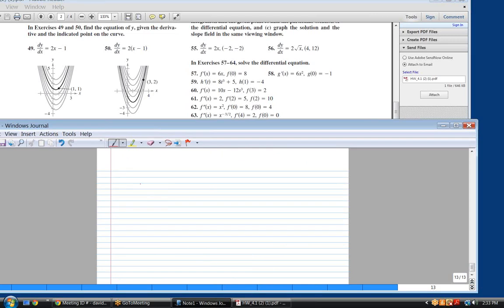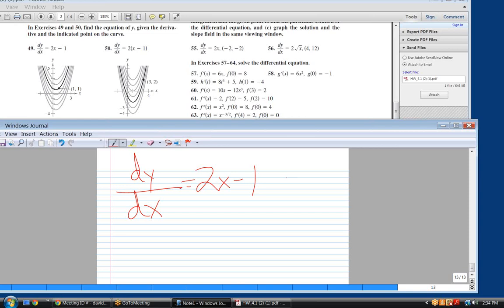Okay, so we have a differential equation. And they've asked us to find the equation of y. So what's our first step going to be? Would it be moving the dx to the other side of the equation?